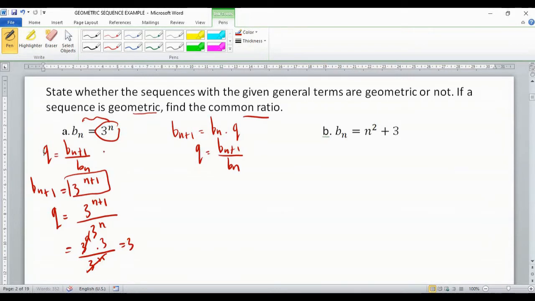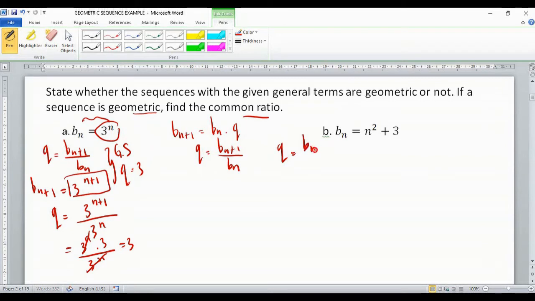Because this is 3, this is called a geometric sequence with the ratio 3, right? Understood, everyone? So how about B? We can use the same formula to find this one.